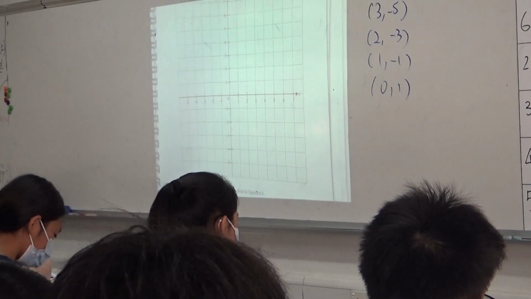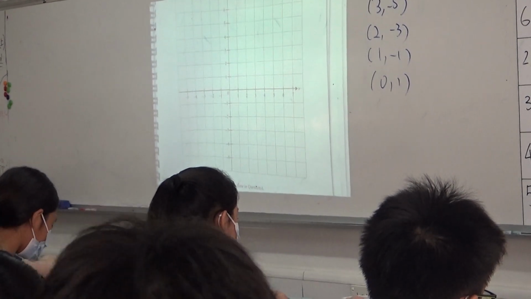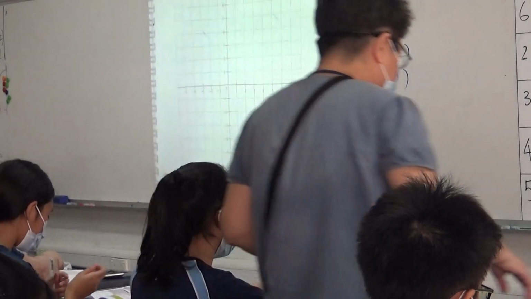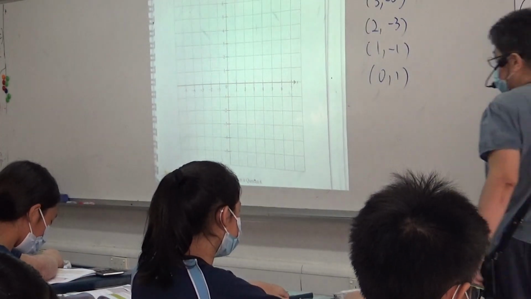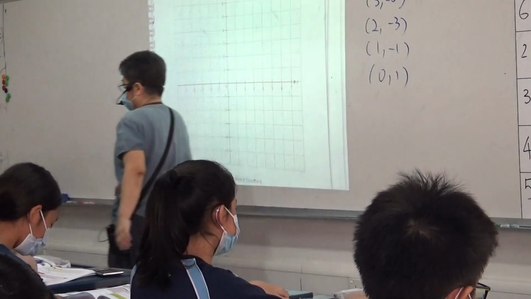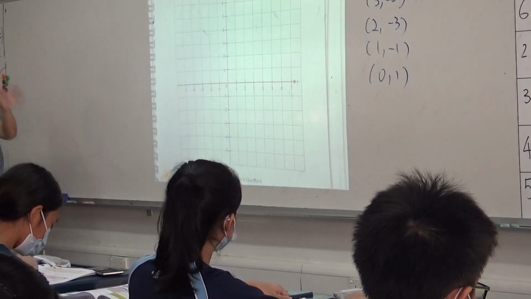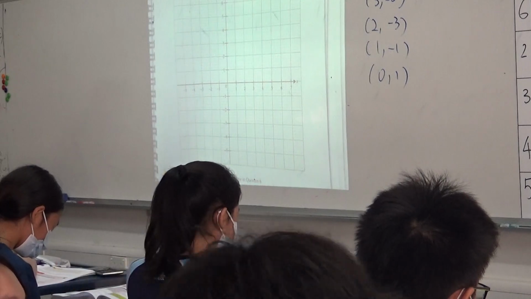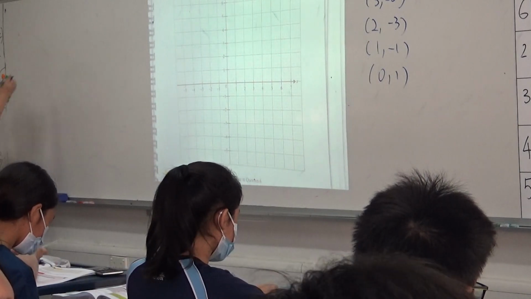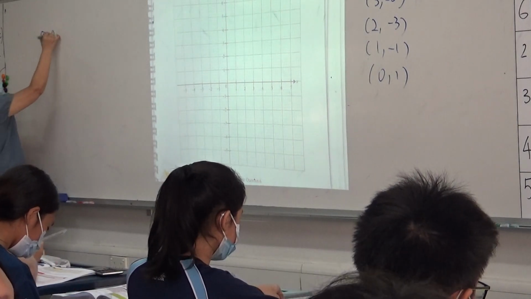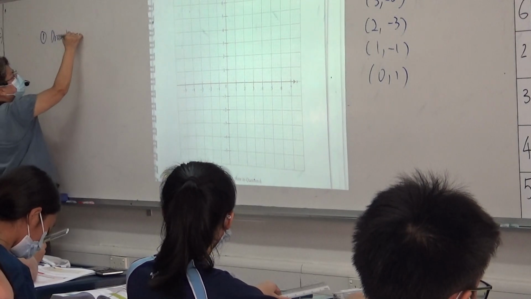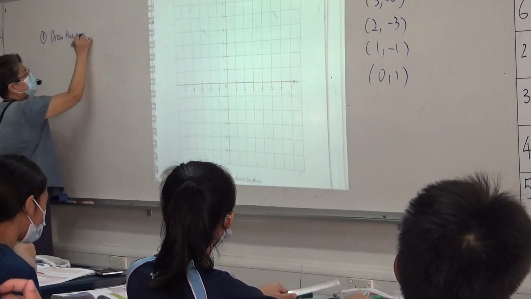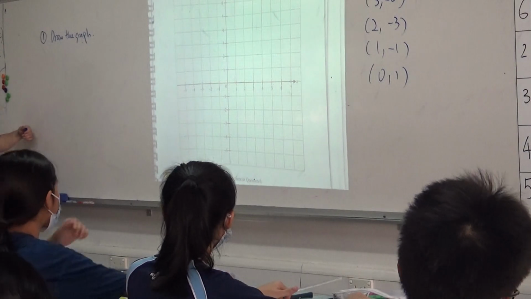Okay. Now, if you turn to linear functions, section 6.3. There are a few things that we must know in this particular section. Number one, we must know how to draw the graph of linear functions.